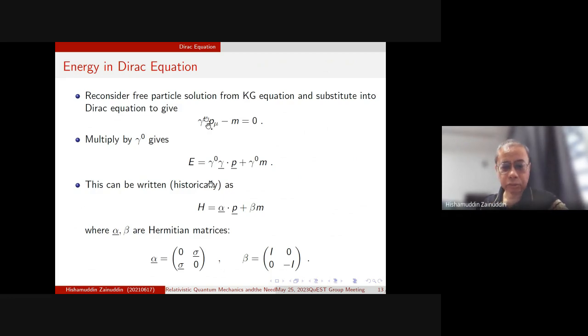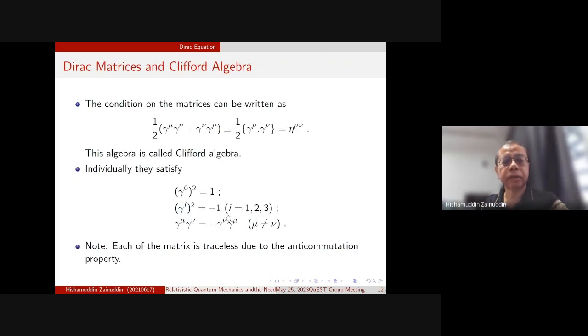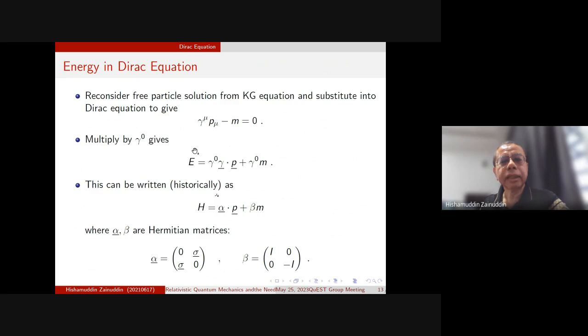And gamma naught squared from the one before is going to be equal to 1. So then you get an expression for energy. Then you have the rest: your gamma naught will be multiplied with your gamma, dotted with the spatial components of P here. And since we multiply gamma naught throughout, you also multiply gamma naught to m.